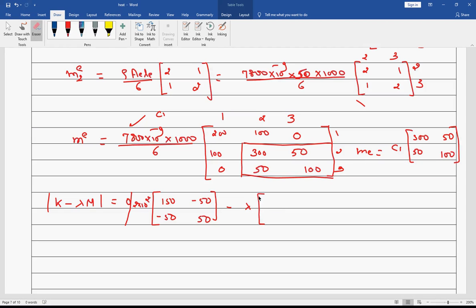So common term is C1. So you can calculate this value, whatever the value of C1 is there. 300, 50, 50, 100, and the whole determinant we are supposed to equal to 0.